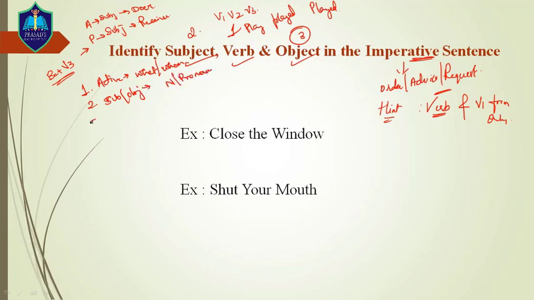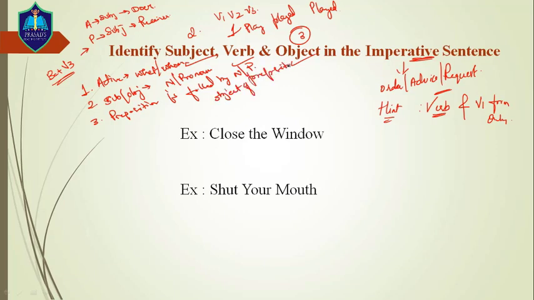And the next rule was every preposition is followed by a noun or pronoun, making it the object of the preposition. So this is how we learned to identify the subject, verb and object.